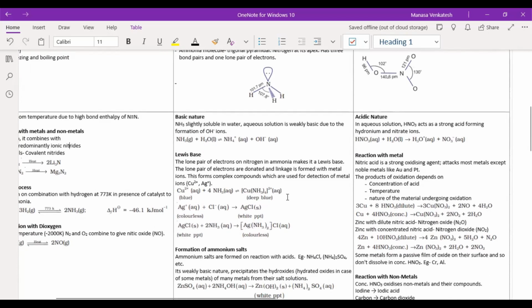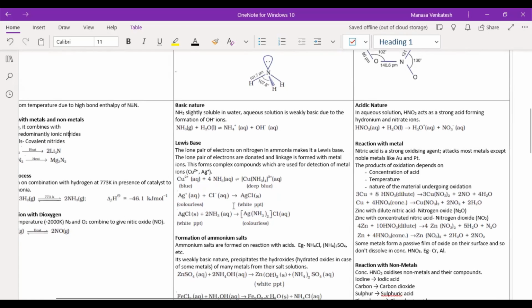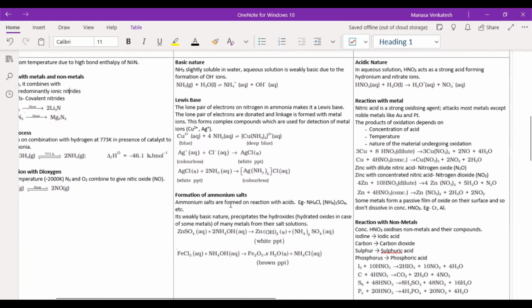And this in turn forms complex compounds which are helpful for detection of certain metals like copper and silver. So it leads to the formation of various complexes when it reacts with copper and silver, and that is used for the identification of these specific metals.